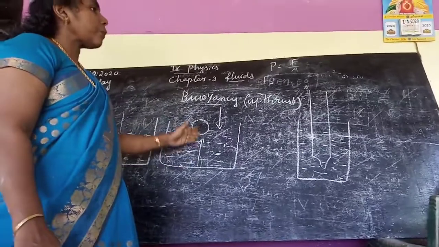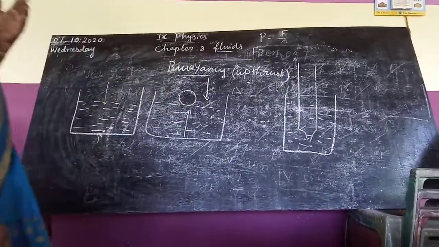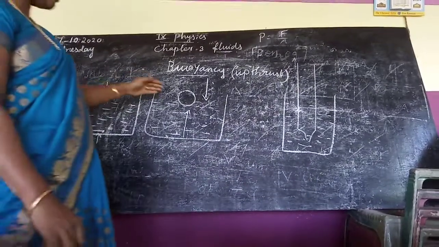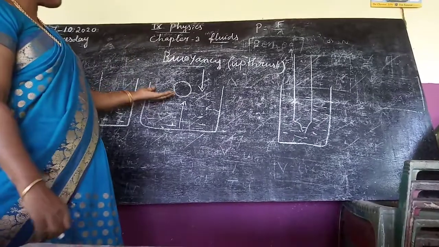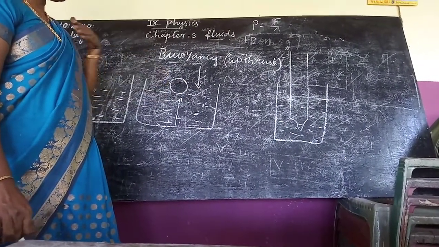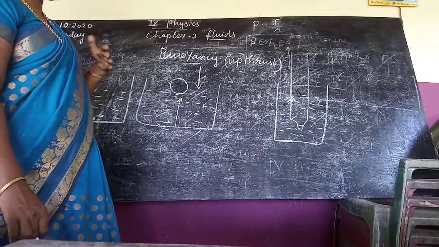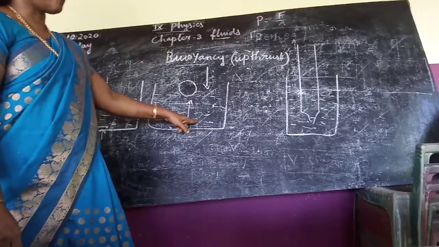There is also upthrust force and gravitational force. According to that, our body will sink. If we fall on the water, our body will sink. If we know how to swim, we can swim on the liquid. Here, if our body weight is greater than the upthrust force, we will sink.